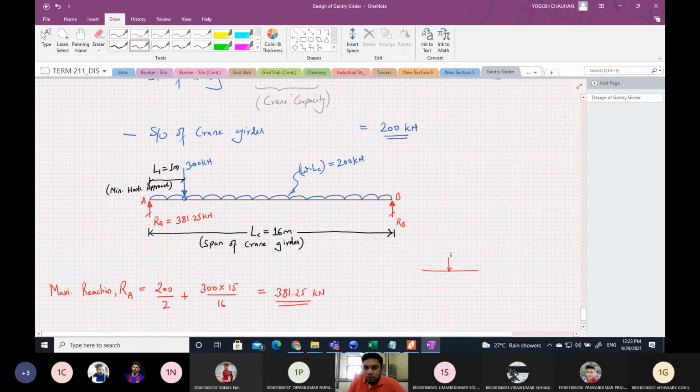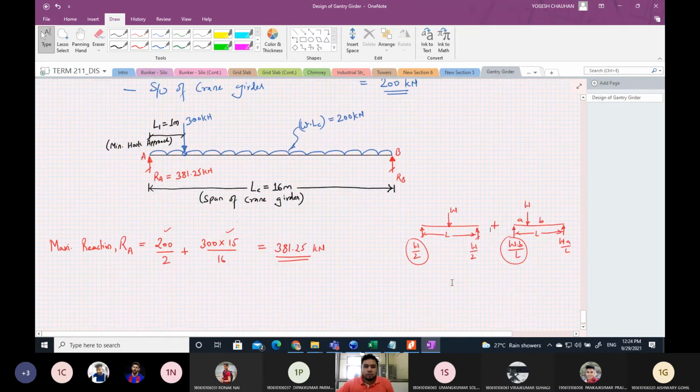We have a central point load W, so the reaction due to this will be W by 2, plus the reactions from the eccentric load: this reaction will be WB by L, where L is the span length, and this reaction will be WA by L. We are summing these reactions.